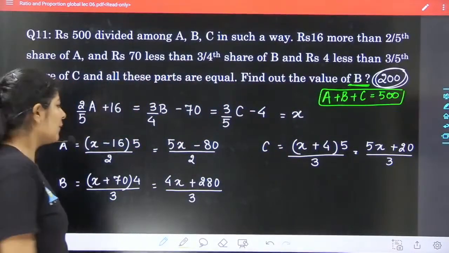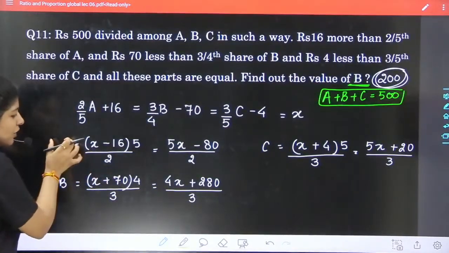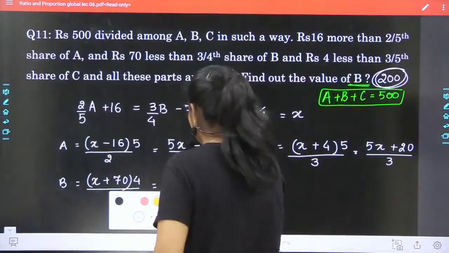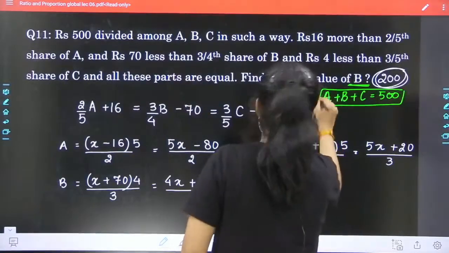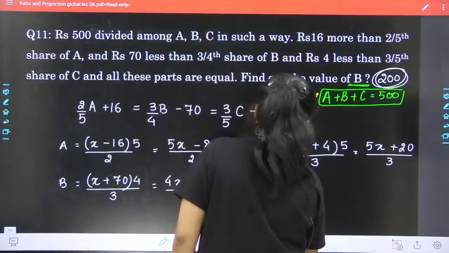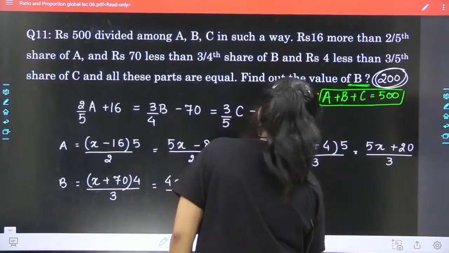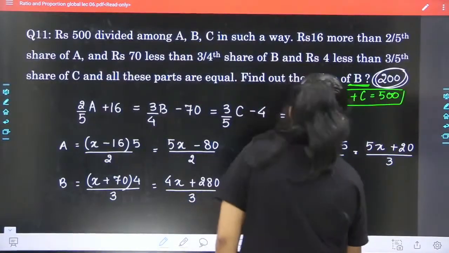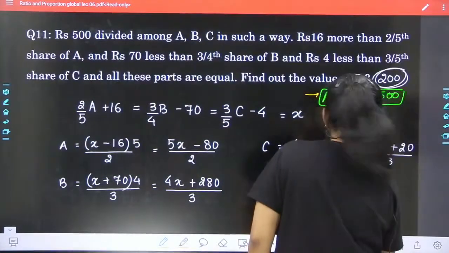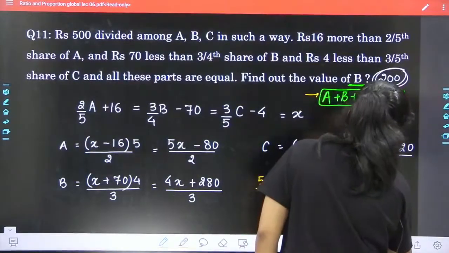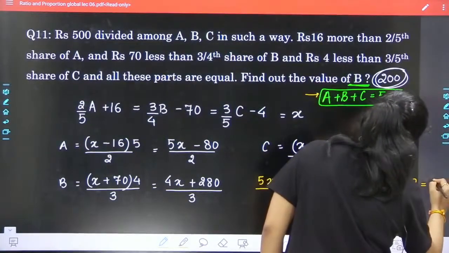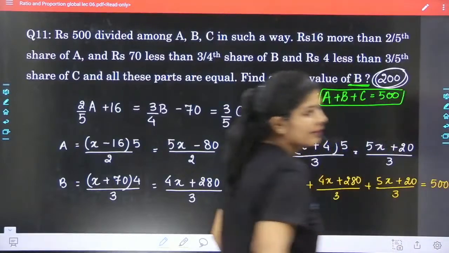Is it clear? We have the values of A, B and C. I simply put these values in this equation. I can write this equation as (5x minus 80) divided by 2 plus (4x plus 280) divided by 3 plus (5x plus 20) divided by 3, and that is equal to 500.